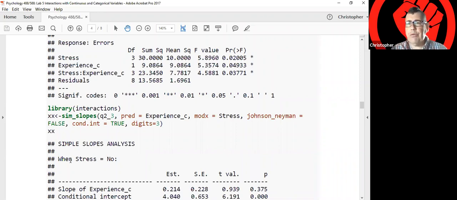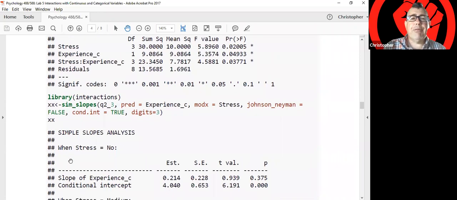If you're dealing with a categorical variable and a continuous variable in an interaction, using that mod x command, I would always apply it to the categorical variable. We'll see what we get here. We'll see that that's not always possible. The predictor variable is experience, and what that means is that we're going to look at the relationship between experience and errors broken down by the different levels of stress.